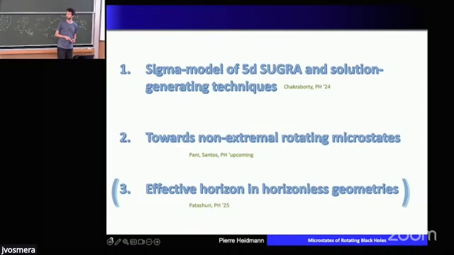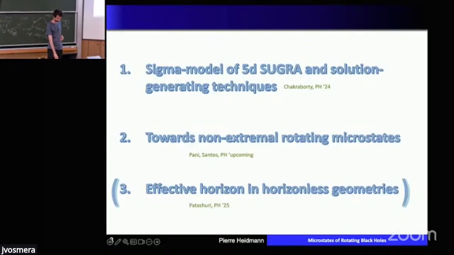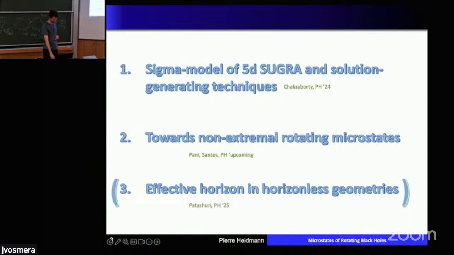Then from those solution generating techniques, how we can try to build rotating microstates. And I put a very last section at the very end, because it's completely tangential, but I think it's pretty nice, which is a recent paper I published with my PhD student. It depends if we have time. It's kind of a cherry on top of the cake, but completely different from the cake. So we'll see if we have time to discuss that.